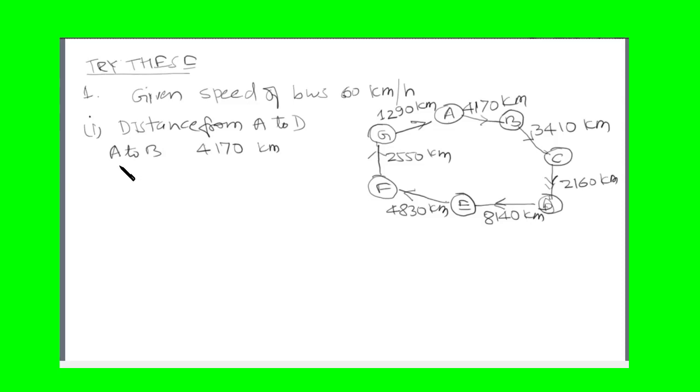B to C, 3410 kilometer. C to D is 2160 kilometer. If we add all these, we get the distance 9,740 kilometer.